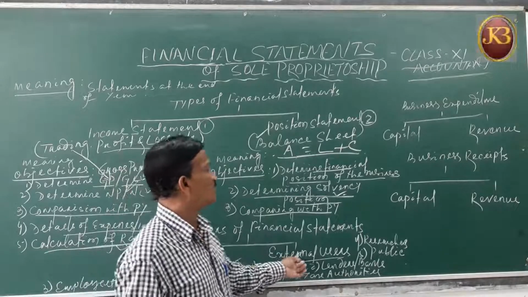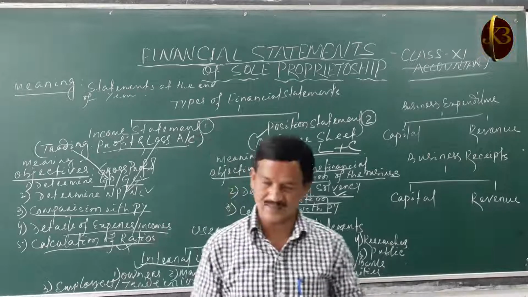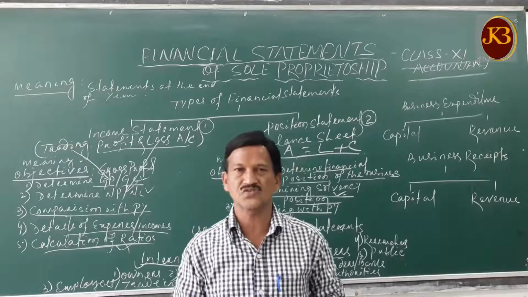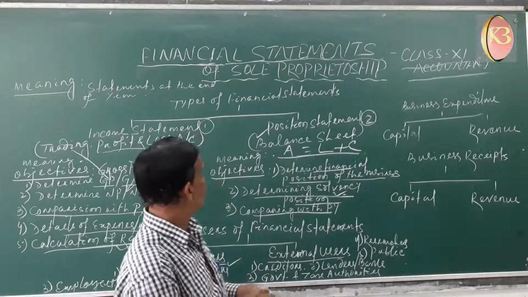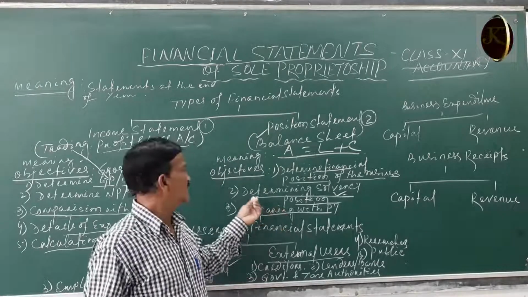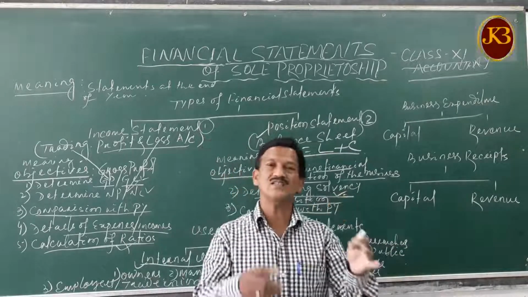Some users of financial statements are external users, meaning outside the business. The first one is your creditors or suppliers, who supply goods on credit. We have already discussed in the objectives of the position statement how to determine the solvency position, short-term solvency as well as long-term solvency.